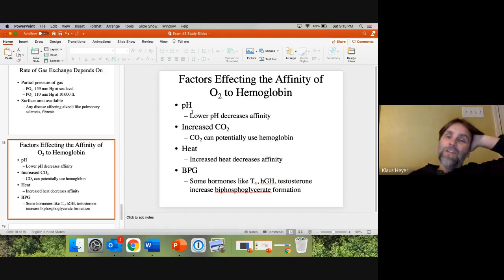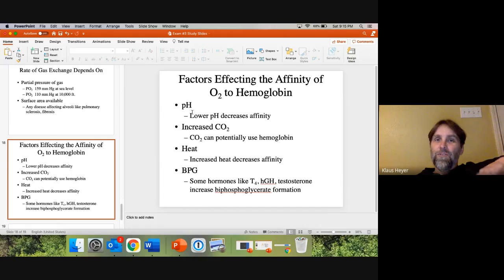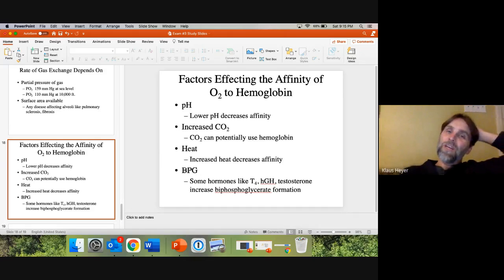But anyway, pH is one factor. Second factor is carbon dioxide, because if there's too much carbon dioxide in your body, like you're not getting rid of it enough, it's going to start riding on hemoglobin. So it starts taking up the spaces that oxygen is supposed to use. The next two down here, heat and BPG, this is your body doing this on purpose.